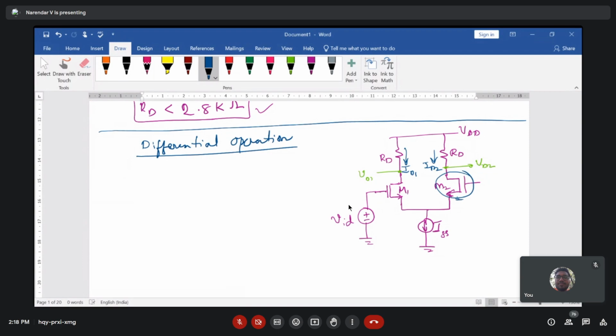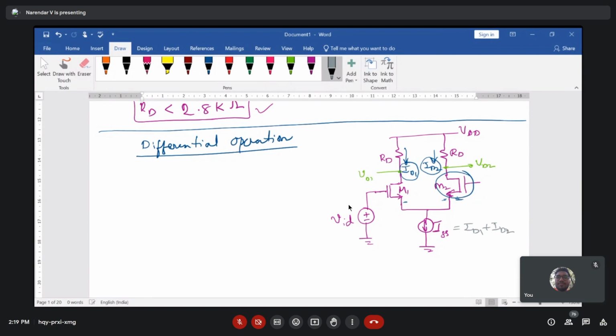But here we are applying the differential input to both transistors, meaning the input we are applying for M1 is not equal to the input we are applying for M2. If M1 has a different value and M2 has a different value, consequently the current ID1 is different and ID2 is also different. So you can write the current ISS equal to ID1 plus ID2.